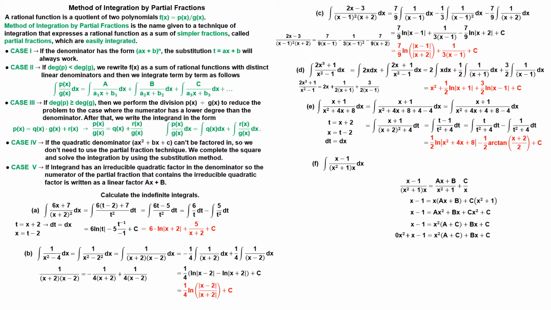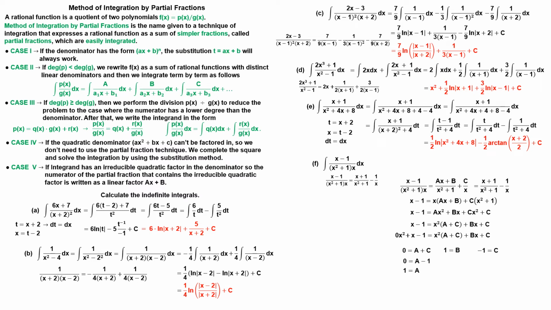Then the coefficients of like terms from the left and right sides of the equation must be the same. In other words, the coefficients must match. This gives us a system of three equations. Solving this system gives a equals minus 1, b equals 1, and c equals minus 1.